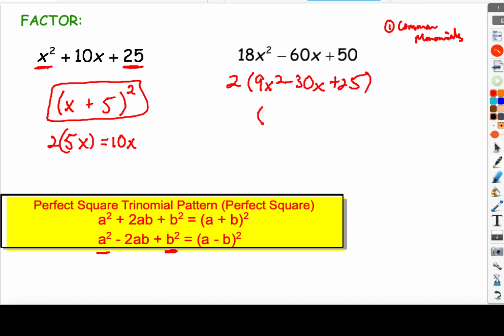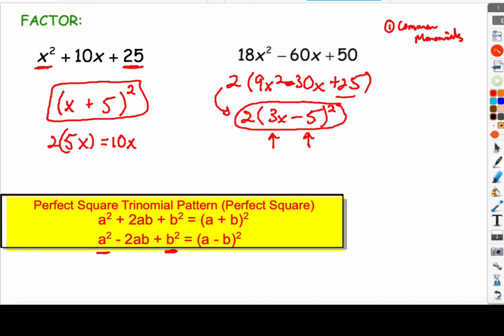And now 9 makes me think 3. 25 leads me to believe there will be a 5 here. And again, a minus 30 in the middle means I would need a subtraction. But isn't 3 times 5 being 15 times 2 going to give me that 30 in the middle? And then we've got that extra 2 on the outside, so don't forget to carry that down. But I think our perfect square is now factored.